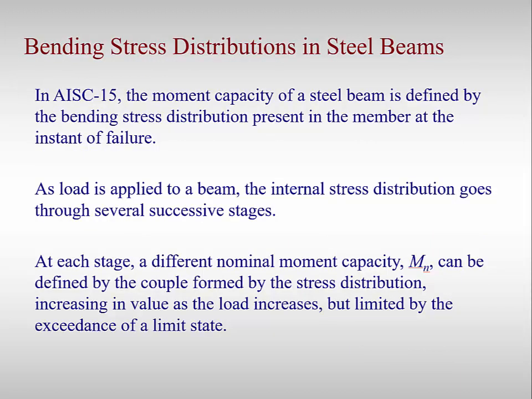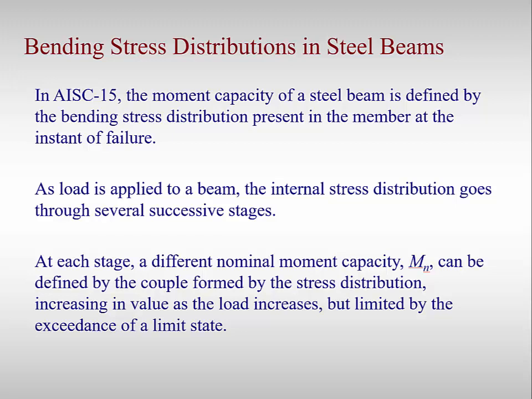In the AISC specifications, Chapter F specifically, the moment capacity of a steel beam is defined by the bending stress that is present in the member at the instant of failure, or when the limit state is reached. As load is applied to a beam, the internal stress distribution goes through several successive stages beyond the simple linear stress distribution, as we will see.